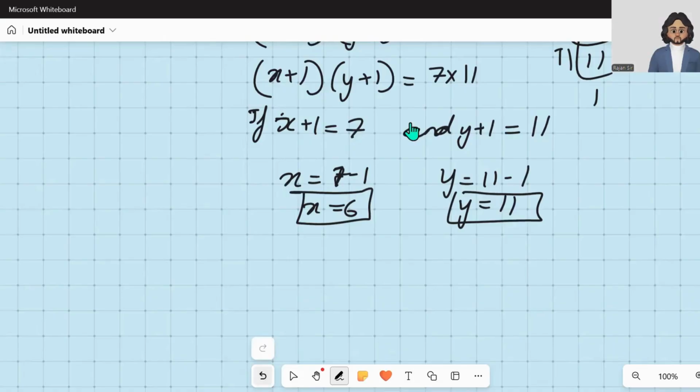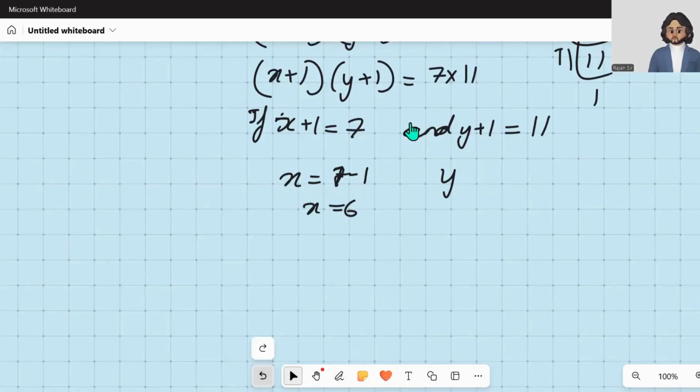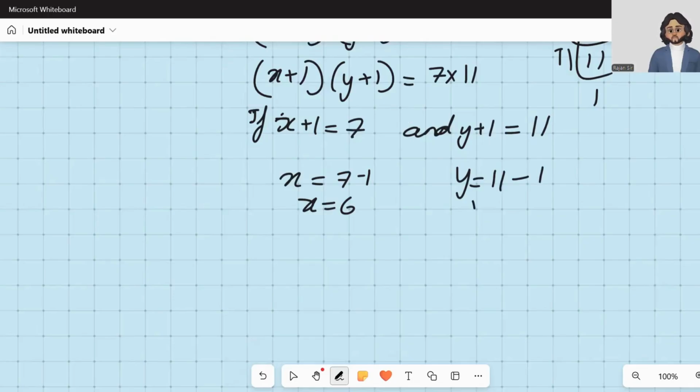Sorry, y equals 10. So we got x equals 6 and y equals 10. So x plus y will be equal to 10 plus 6, which is 16.